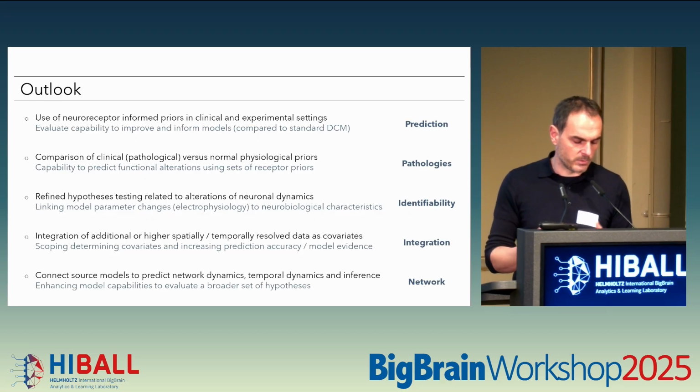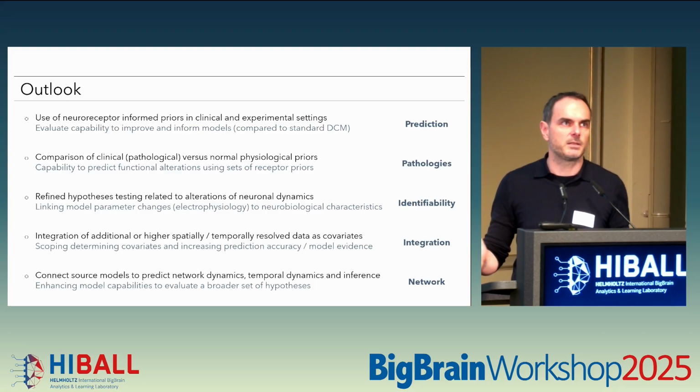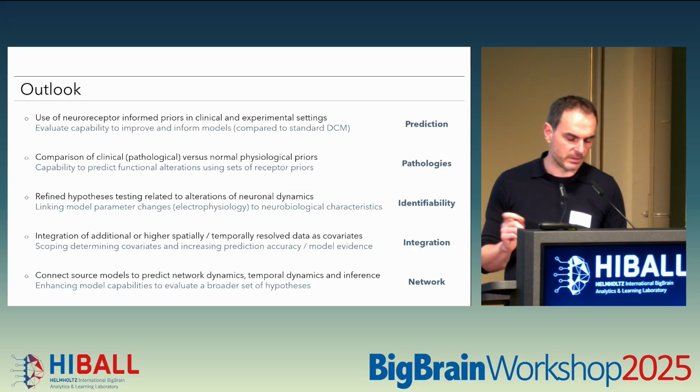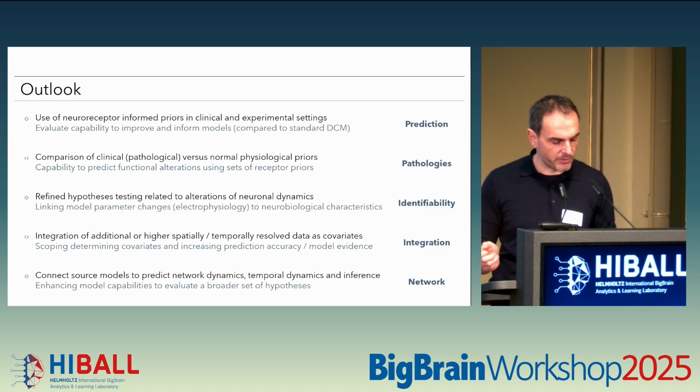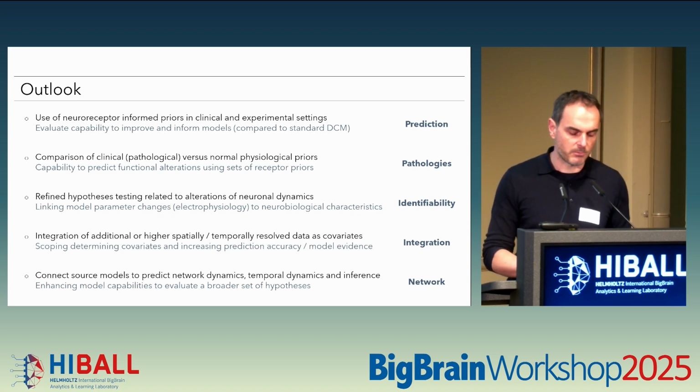The second thing, which we are doing, is using it for pathologies, for example epilepsy, with Nicholas' data, who has histological data and neuroreceptor densities for epilepsy patients. Then refine hypotheses, not just the general aspects we looked at but more detailed hypotheses, look at parameter identifiability, do further integration, and do more network models.